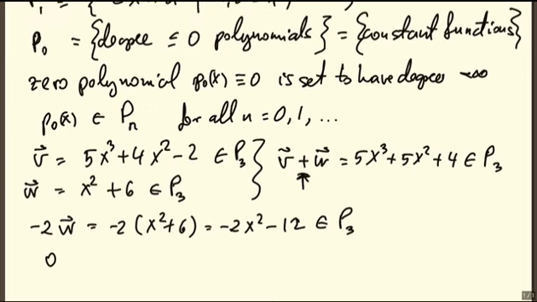If you multiply this vector with the 0 scalar, then we get this p0 function of x, which is the identically 0. And then this is also in P3, since its degree is considered to be minus infinity, and minus infinity is less than or equal to 3.